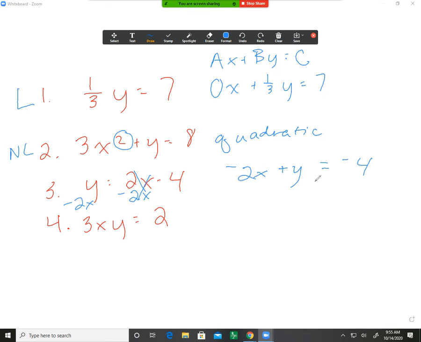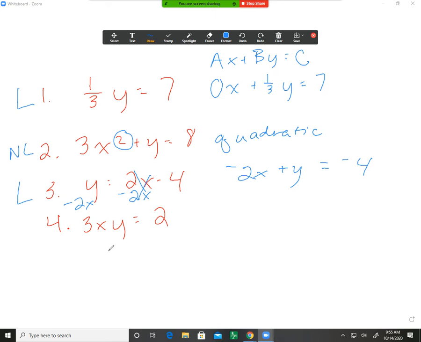When you were solving equations, you were moving things from side to side. I want my x's and y's on one side, because that's what standard form looks like, and then we're left with a constant on the other side, just a number. So this is linear.